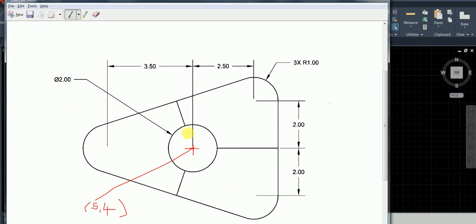Sorry. Okay, first thing you need to see is the dimensions. First thing he's put, diameter of this circle is 2 units. Here also is mentioned radius 3 means 3 circles. One circle, two circle, three circles.